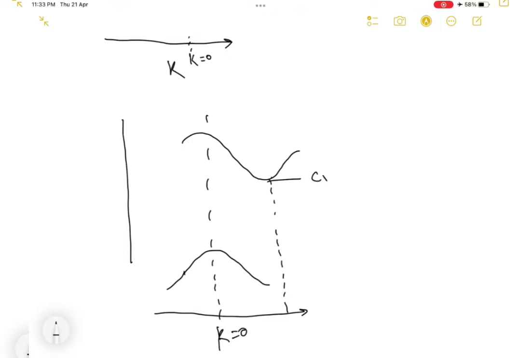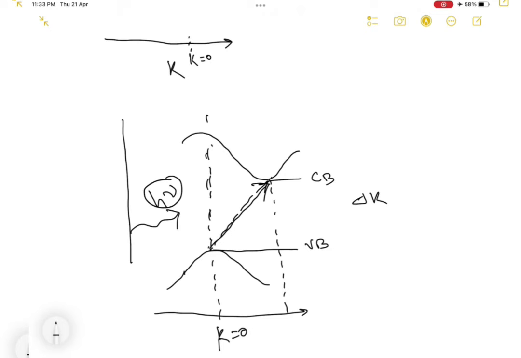Now in this case also, if we irradiate with energy h nu, then the electron will be transferred to the minimum of conduction band, but there is a change of K or momentum, hence the del K not equal to 0, and this is called indirect band gap semiconductor.